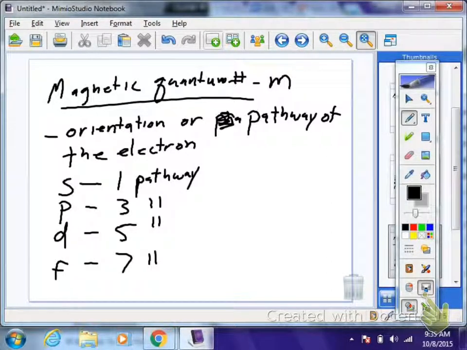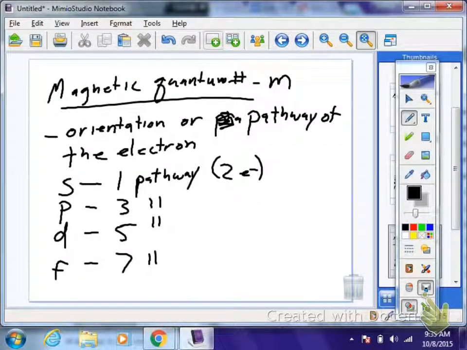All right. Now I need to tell you that each one of these orbitals can hold a maximum of 2 electrons. So each orbital can hold 2 electrons. So how many electrons are we talking about in the S? 2. 2 electrons. How many can the P subshells, if they're all filled within an energy level, how much can they hold?